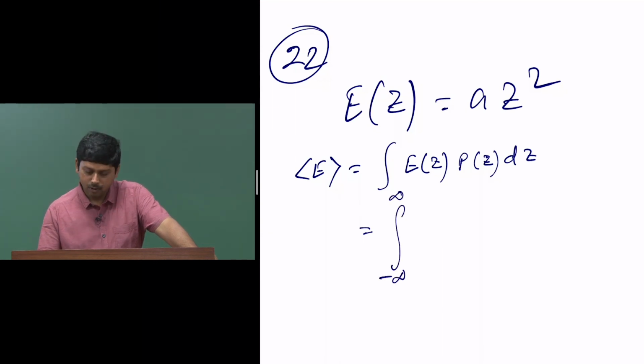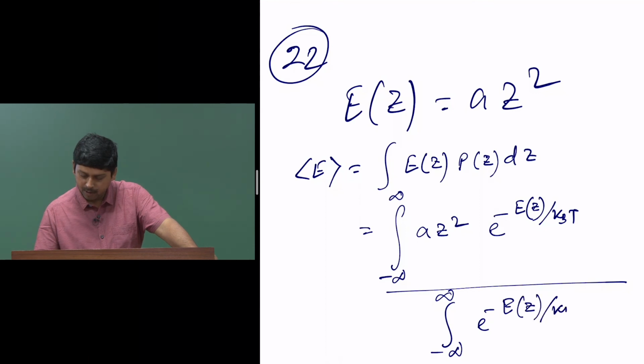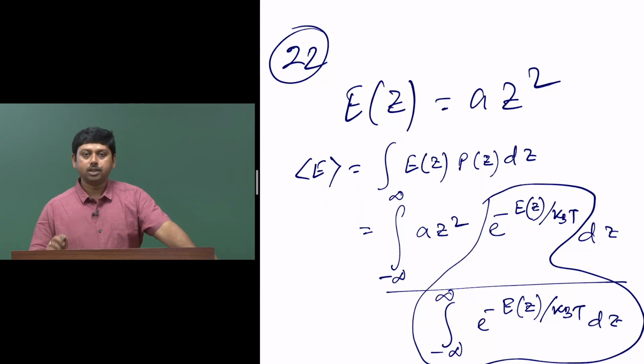It is going from minus infinity to plus infinity, so it is a z square, and what is P z? P z is e to the power minus E z by kBT divided by the integration of e to the power minus E z by kBT dz. So, this is our P z.